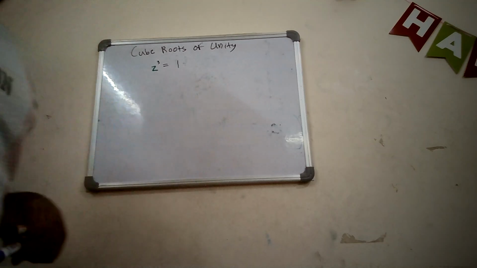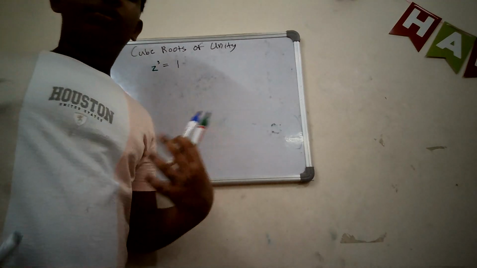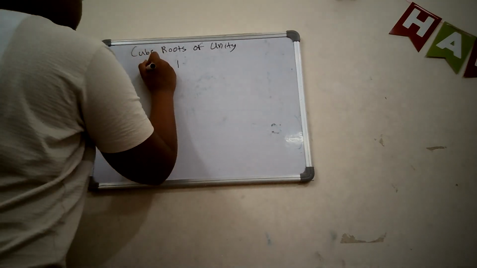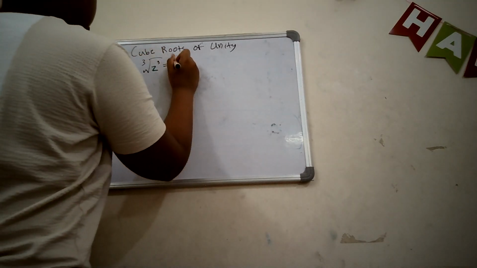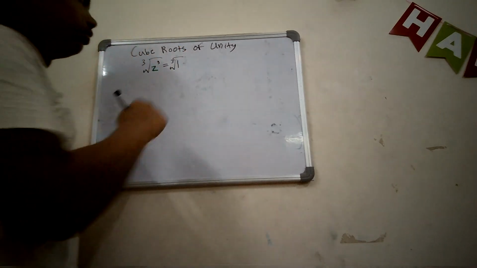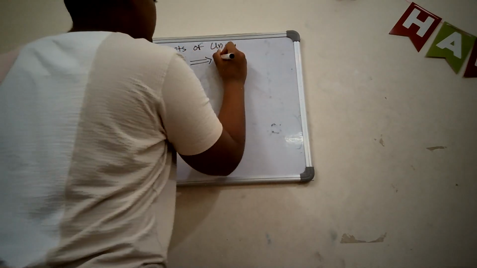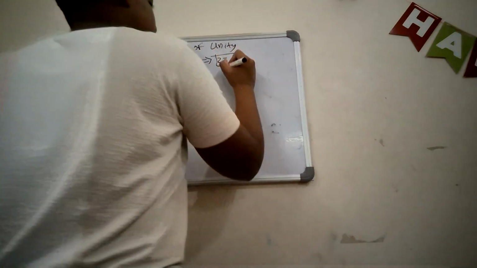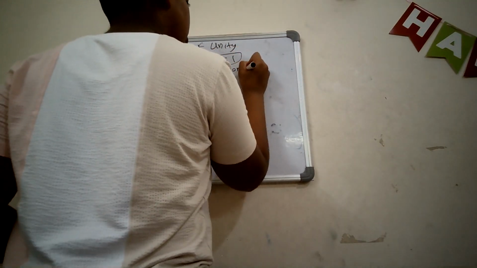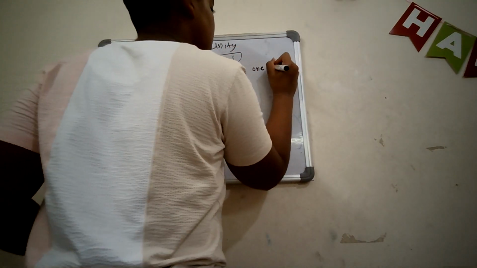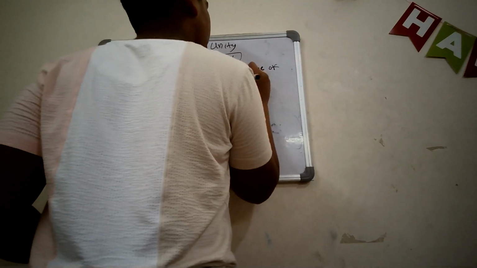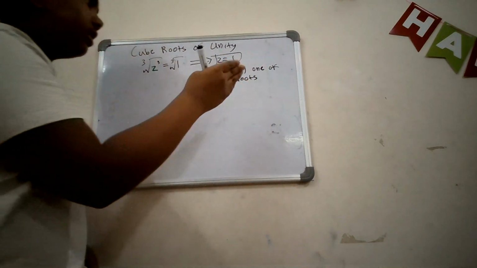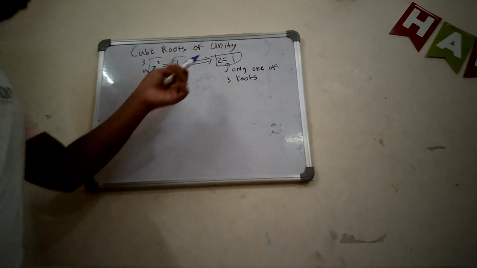Now let's think about this. Usually what people will do is they'll take the cube root on both sides. And this is not wrong, because from this you get z is equal to 1. But this is only one of the 3 complex roots.